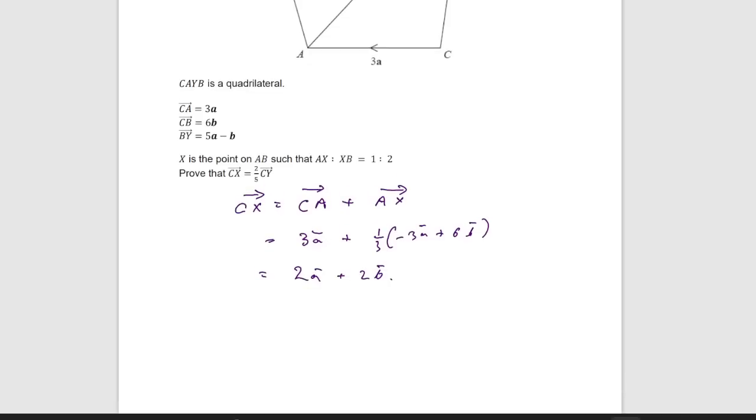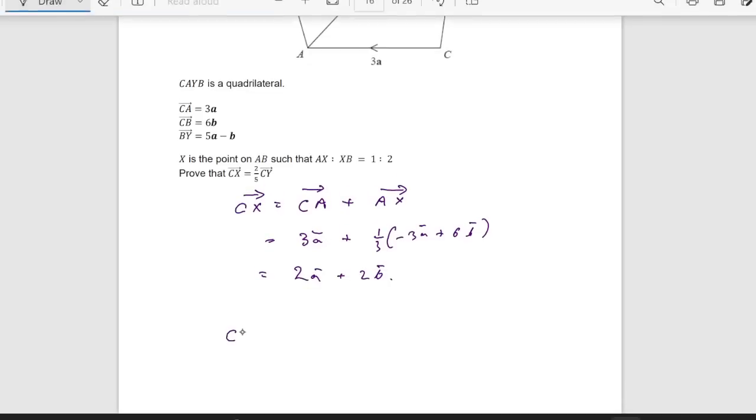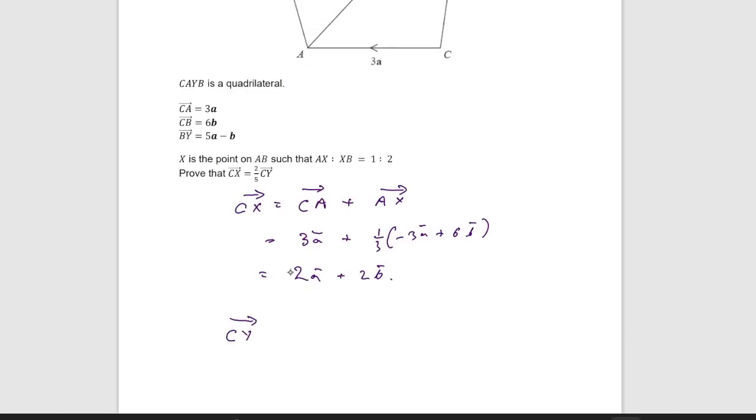Okay, and I'm going to say that C to Y, and I might come and simplify this in a moment.